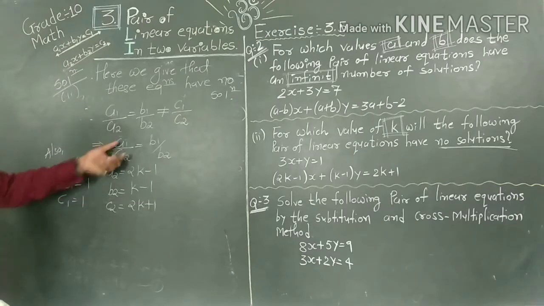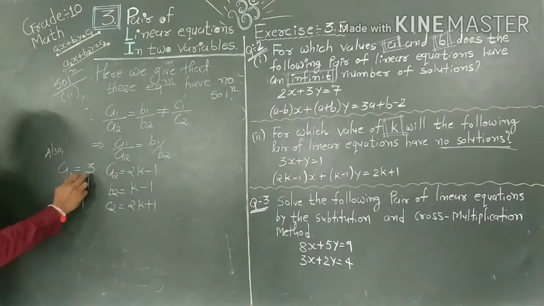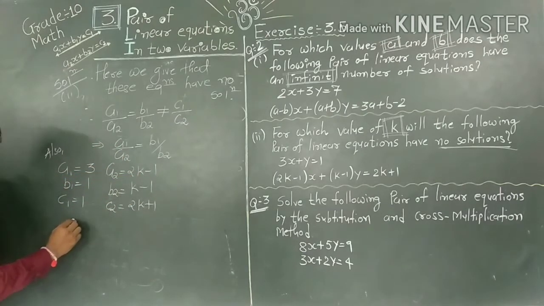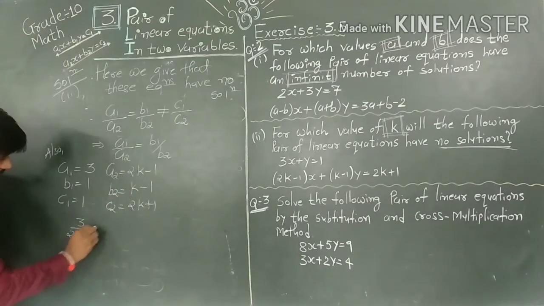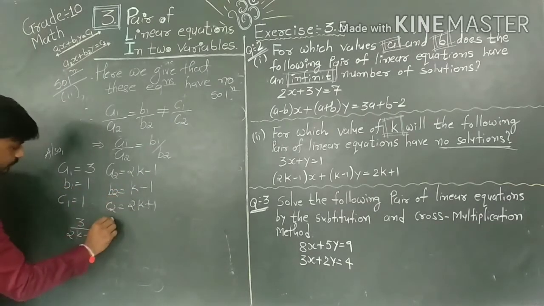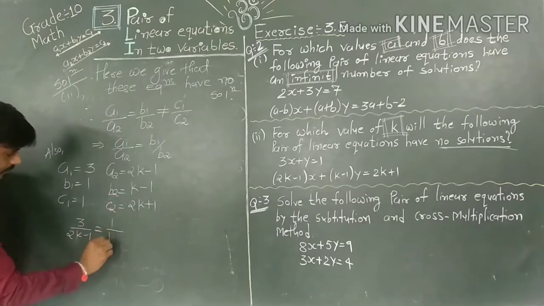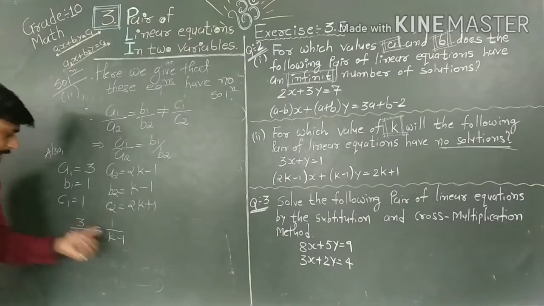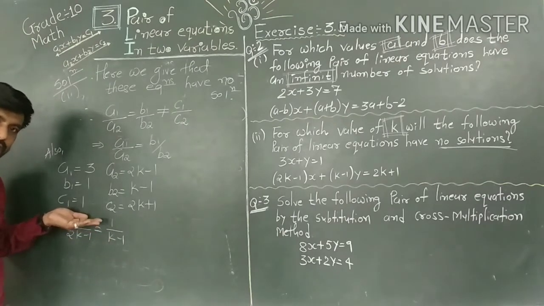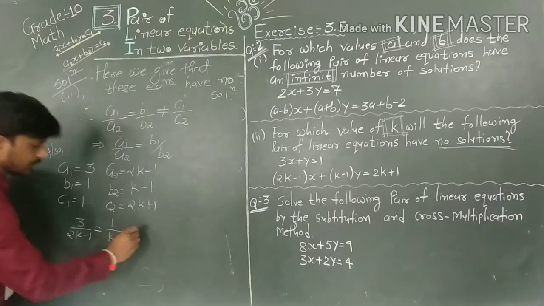Now I apply this condition. A1 upon A2, that means 3 upon 2k minus 1, is equal to B1 upon B2, that means 1 upon k minus 1. Now I do cross multiplication and find the value of k simply.